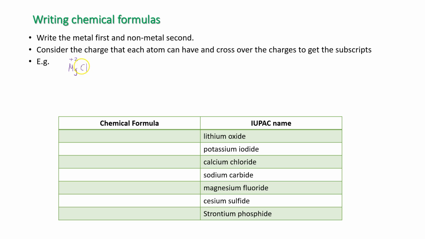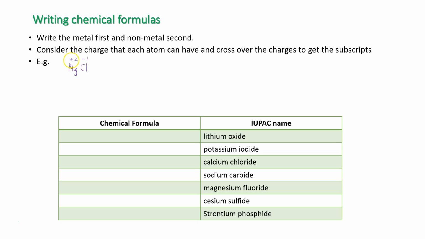And chlorine is in the 17th group, right before the noble gases. Elements in the 17th group have a charge of -1.